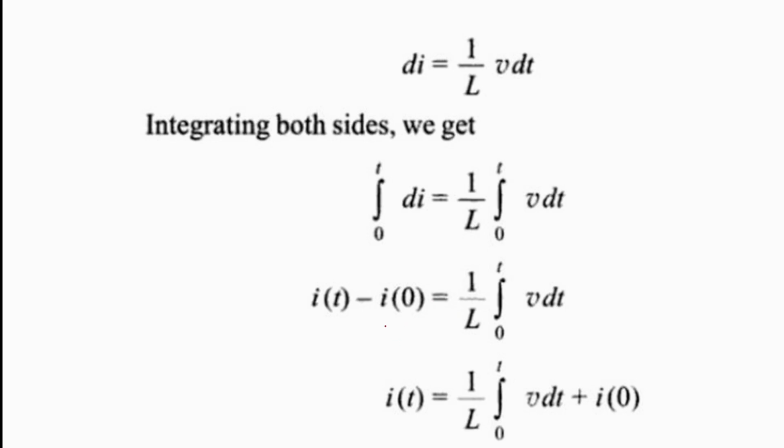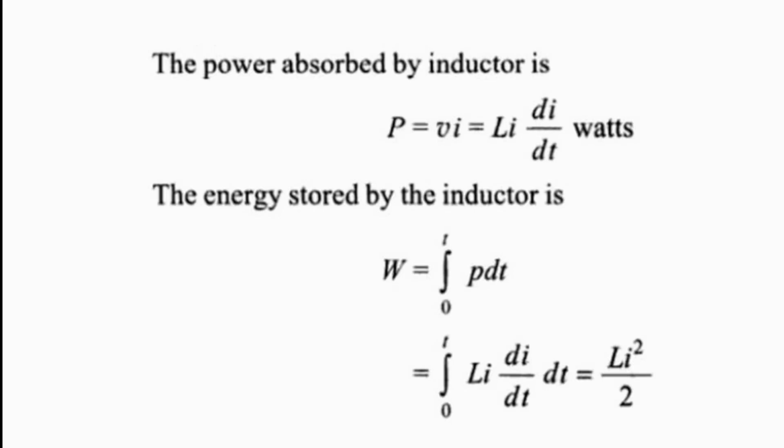When the current changes, a magnetic field is developed, so we need to consider the initial current also. The relation is I of t equal to 1 by L integral 0 to t of V dt plus I of 0, where I of 0 is the initial current. The power absorbed by the inductor is P equal to VI, which is L i di by dt watts, and the energy stored by the inductor is half L I square.